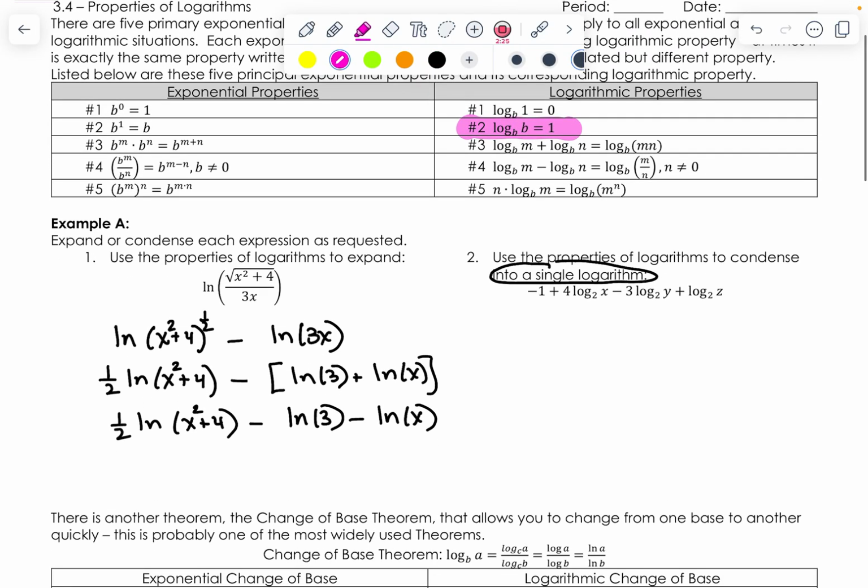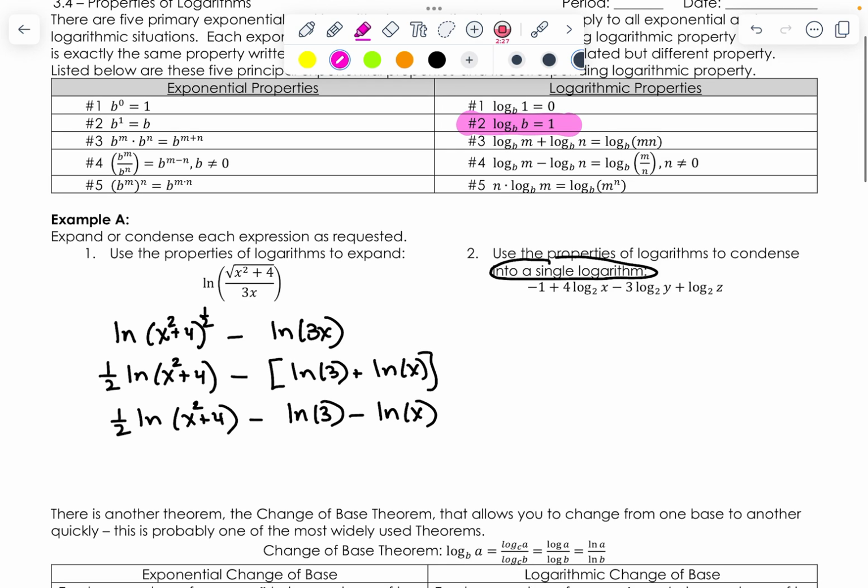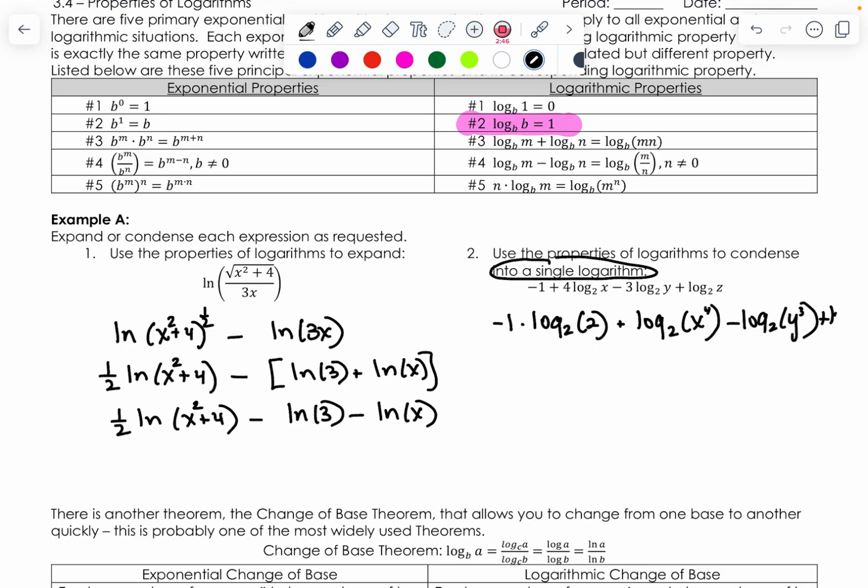How could I rewrite this with the same base? So that's going to be -1 times log base 2 of 2. Okay, hopefully that makes sense. That's -1 times a 1. Then I'm going to use the power rule and bring the 4 up. I'll bring the 3 up, and nothing happens with that z.